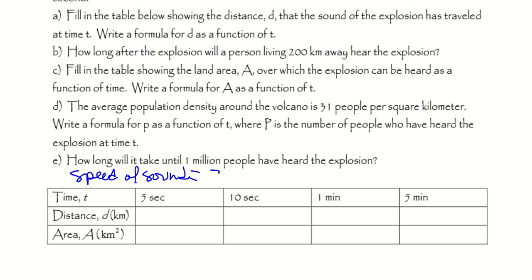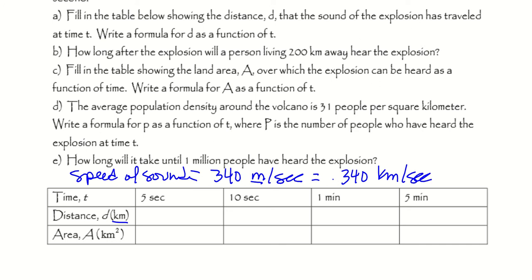In this table, I've got my distance in kilometers, so I'd rather this be in kilometers, so we can do that by dividing by 1,000, which gives me 0.340 kilometers per second.